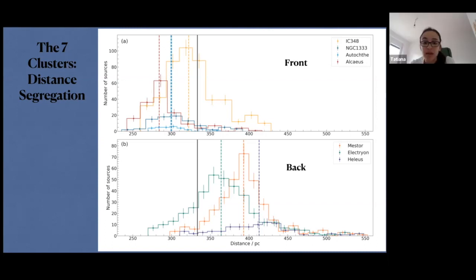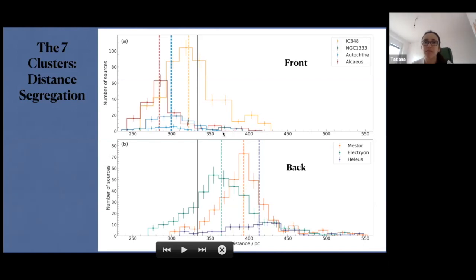Well, that's a very good question. So the dense cloud of the region is supposed to be on the front. It's of course hard to put real limits on the cloud, but it's expected to be between 280, I believe, up to 320, 330.